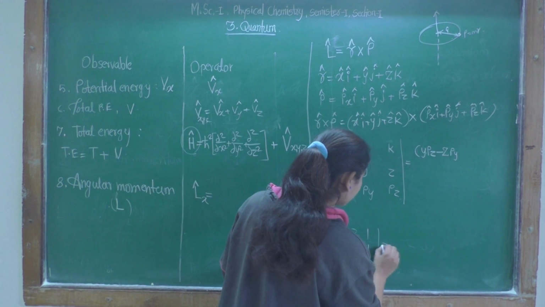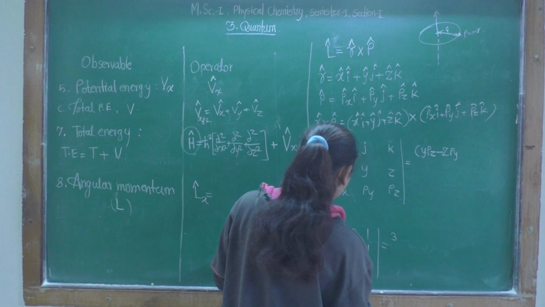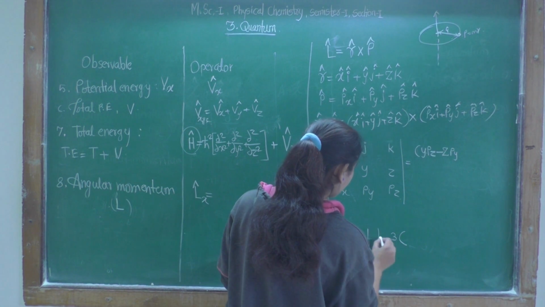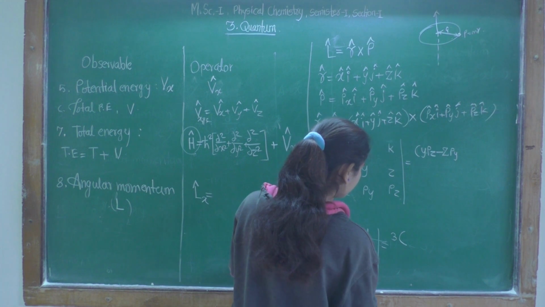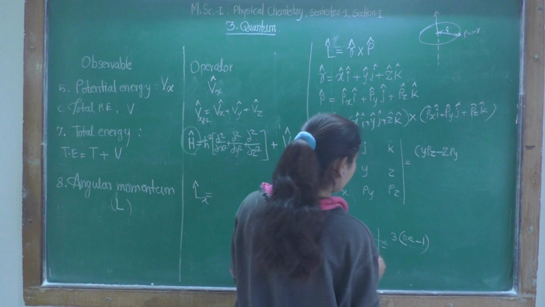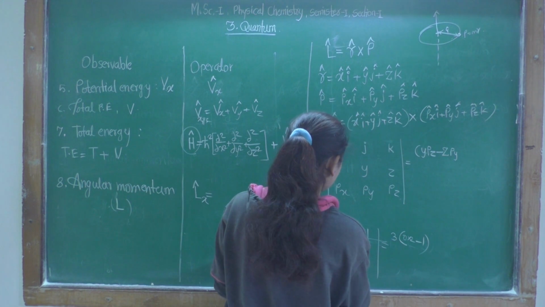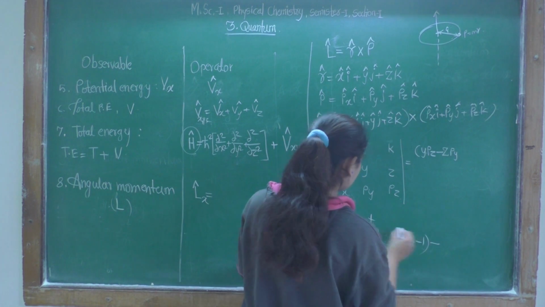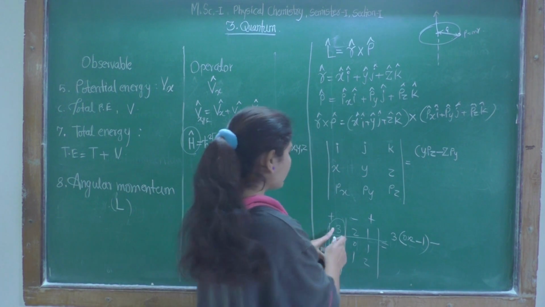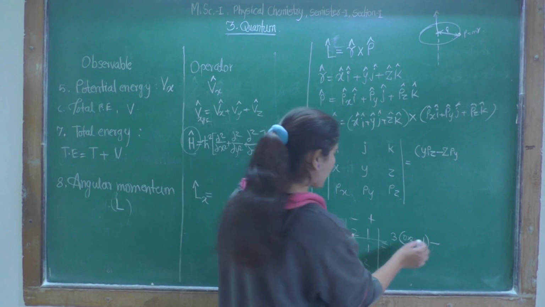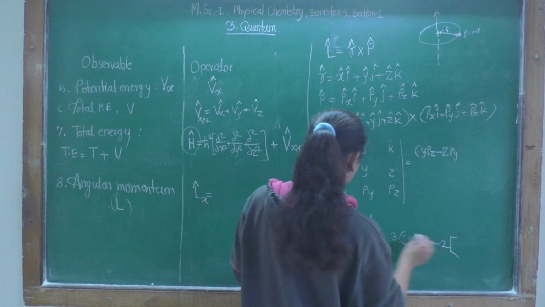We will take 3, cover its row and column, and cross multiply the rest: 0 into 2 minus 1 into 1. This is plus, this is minus, this is plus. So here we will take minus, we are taking 2 now. The turn of 3 is over, now there is 2. So minus 2 in bracket.